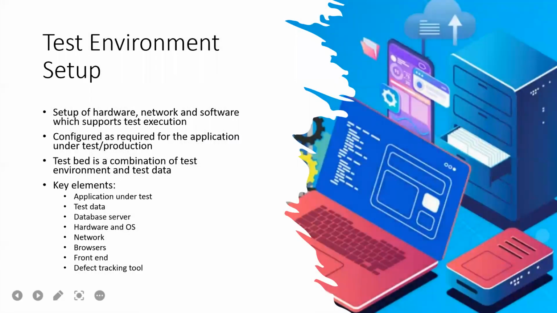And then for the testing people, you need to give them a defect tracking tool. Okay, so these are the important elements while preparing your test environment. Okay, fine. So now going on to the next.